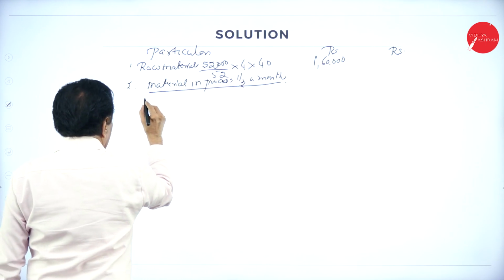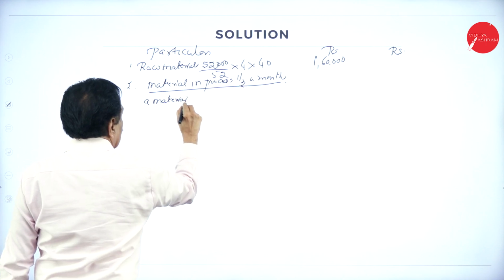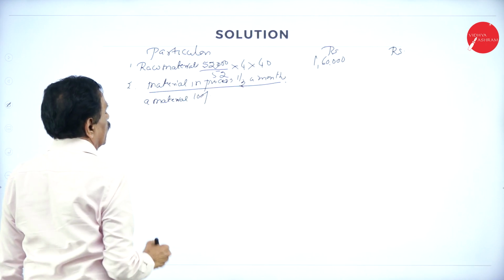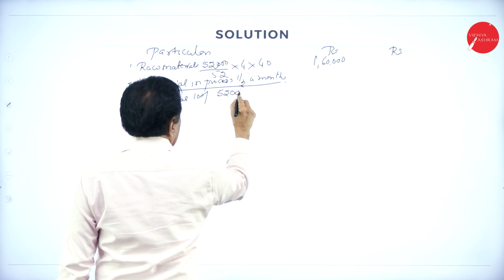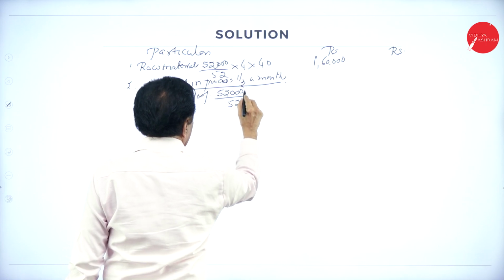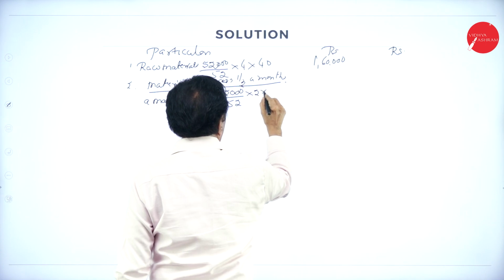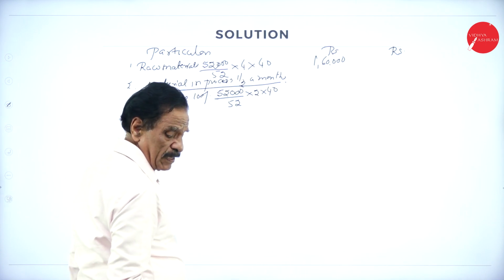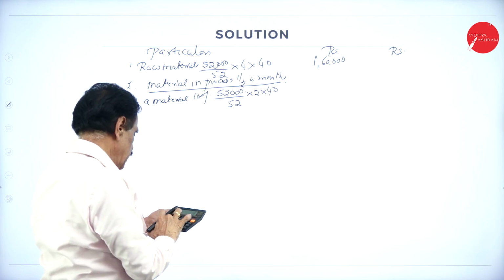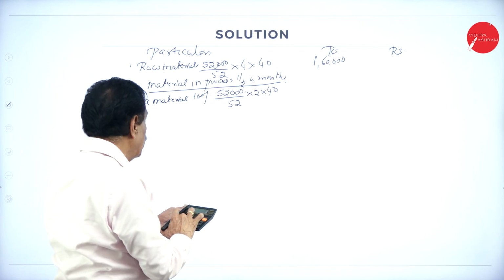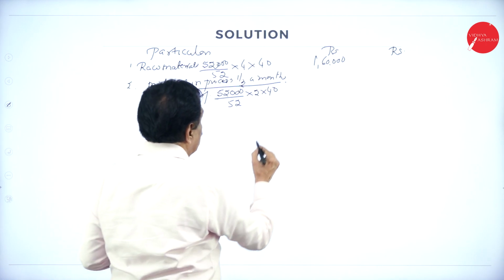Small a, material 100%: 52,000 divided by 52, half a month means 2 weeks, into 40. So 52,000 divided by 52 into 2 into 40 is 80,000.